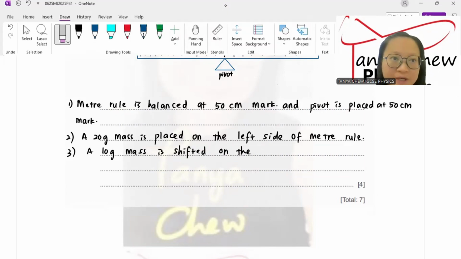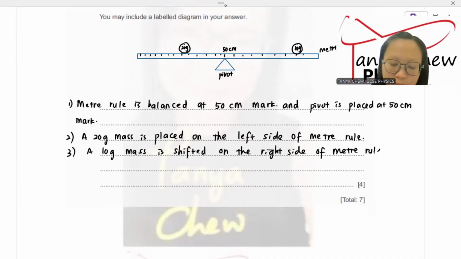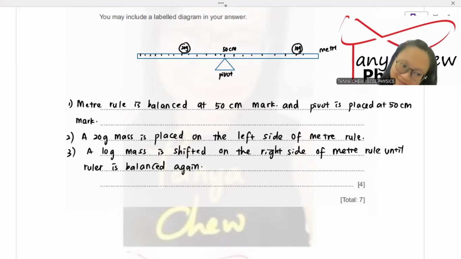As you can see from my diagram, on the right side of a meter rule until ruler is balanced again. Done.